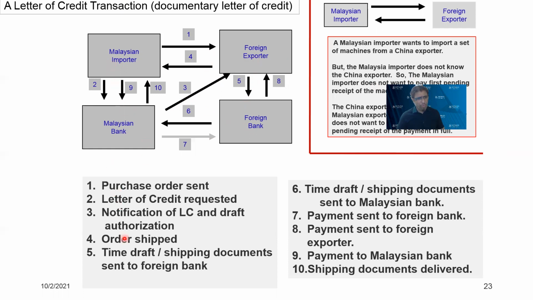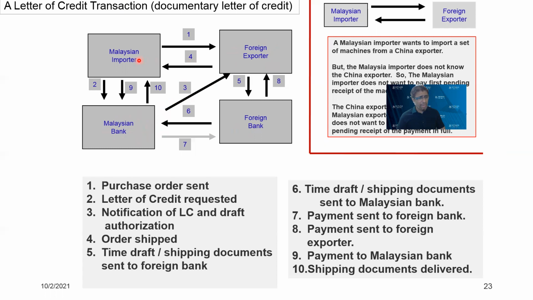If you follow those steps, you will know that the Malaysian importer will agree, for example, in number 1 here, to talk to the foreign exporter. The foreign exporter will ask to open an LC. The LC will be opened by the Malaysian bank. They will inform the foreign bank and the foreign exporter. Then he will start manufacturing. And number 4, he will send the goods.